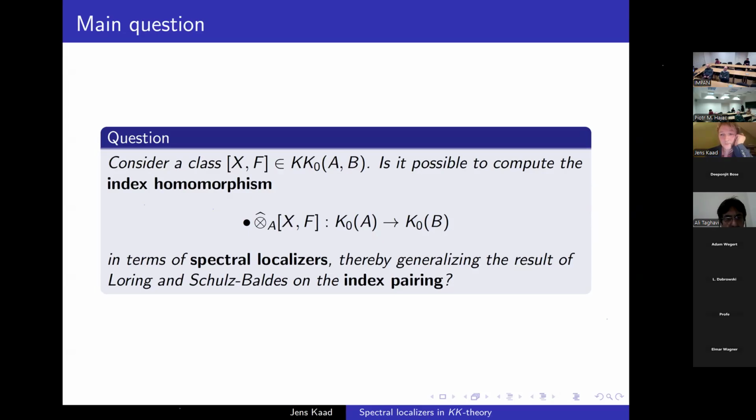And the first problem that you encounter immediately is that I have a class in KK theory given by a bounded Kasparov module, but when I look at the spectral localizer approach of Loring and Schulz-Baldes, I had some unbounded operators in the game. So the first thing you have to do is to get some unbounded operators into the picture.